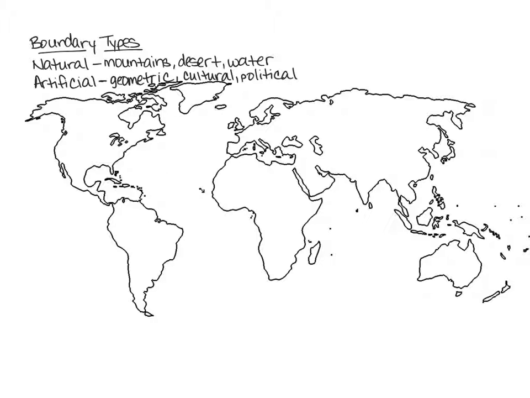Okay, so let's do the natural borders first because those are the easiest. For my mountain borders, I'm going to underline my mountains in green, and then draw those on in green. I'm just going to do one example, and it's one that you just recently put on your map.